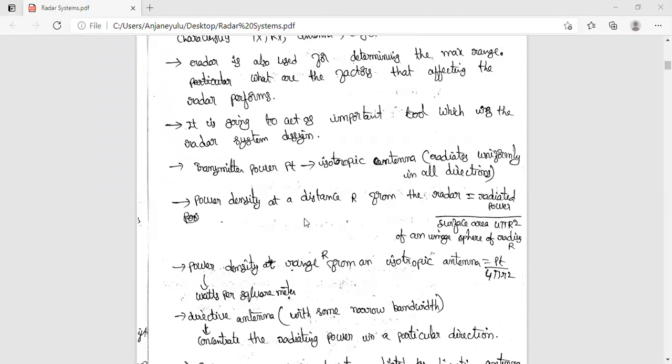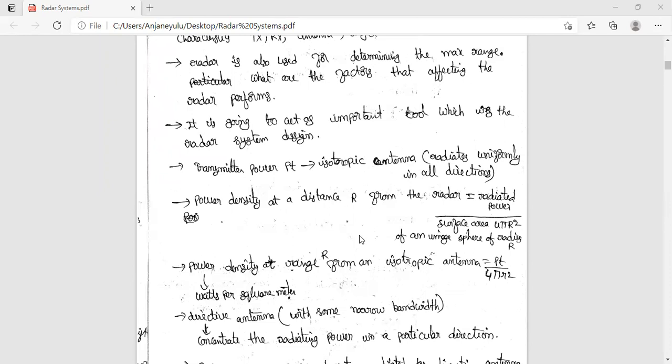The power density at a distance R is the radiated power divided by the surface area, that equals 1 by 4 pi R square, at a sphere of radius R. So the power density at range R from an isotropic antenna is Pt by 4 pi R square watts per square meter.